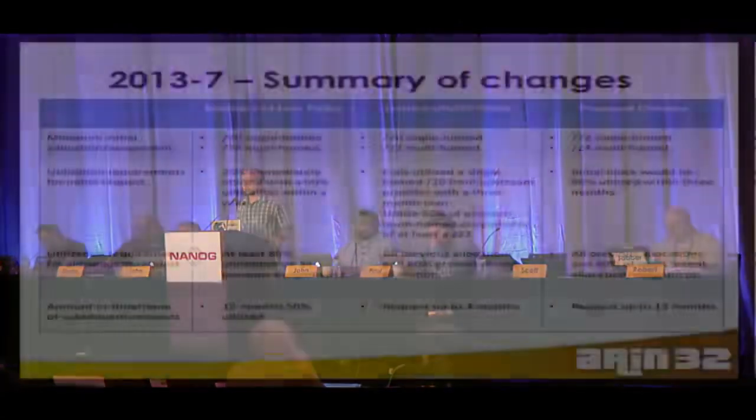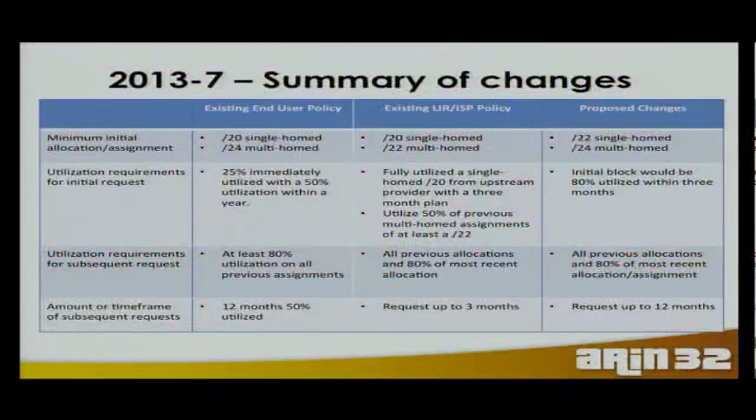This slide, we may come back to, has a summary of what is currently in existing end user policy and existing ISP policy, and what this proposal suggests we do to make them compatible. So in the first example, whereas the minimum allocation would be a /20 for single homed and a /22 or /24 for multi-homed, the proposed policy would be /22 single homed or /24 multi-homed for both ISPs and end users.